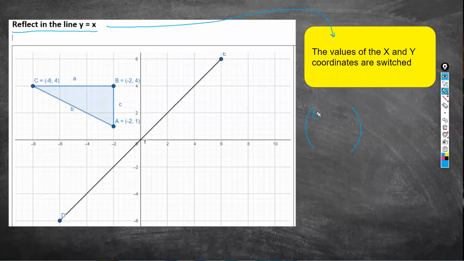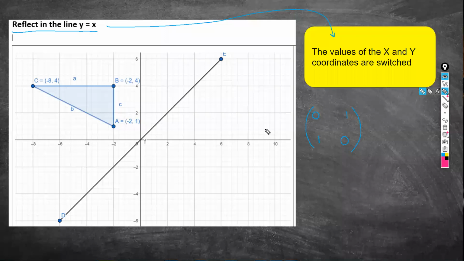Does everyone agree that this here is that matrix? 0, 1, 1, 0. Great. So the hard way to do this question would be to memorize that matrix.